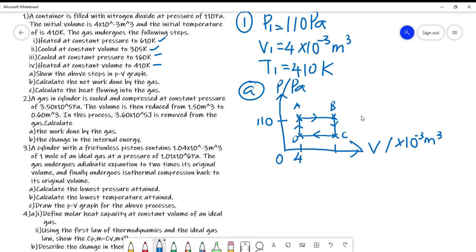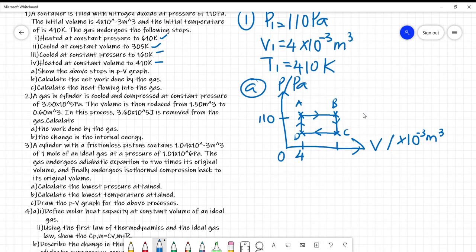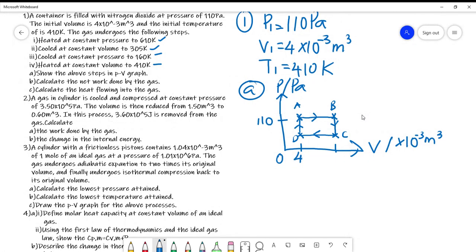Alright, so let's calculate the volume V2, which is here. What will be our V2? This is the constant pressure process, so we can use one of the three gas laws, where P is directly proportional to T. This will be our formula, Charles' law: P1 T1 equals P2 T2.